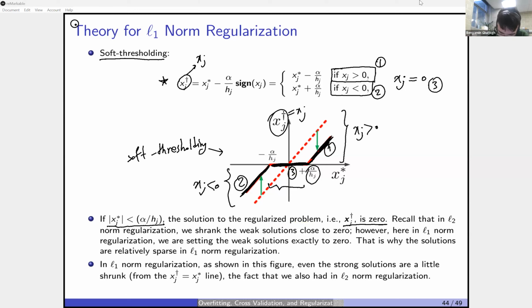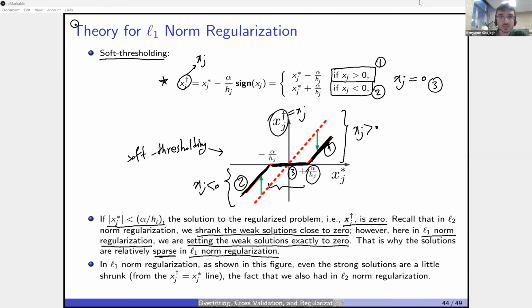Recall that in L2 norm regularization, we shrank the weak solutions close to 0. However, here in L1 norm regularization, we are setting the weak solutions exactly to 0, because these are weak solutions, right? The absolute value of xj star is very small. We are setting them exactly to 0. That is why the solutions are relatively sparse in L1 norm regularization.